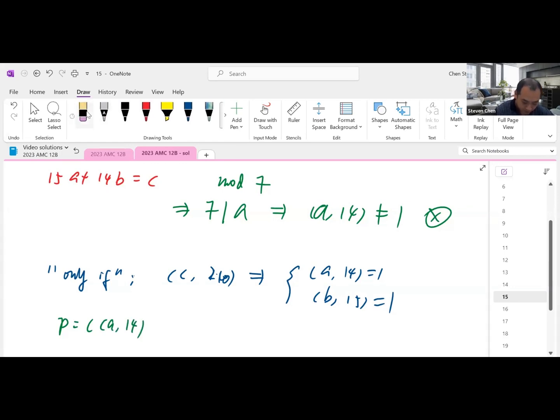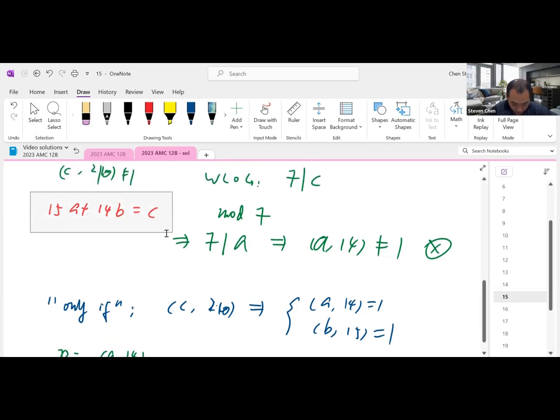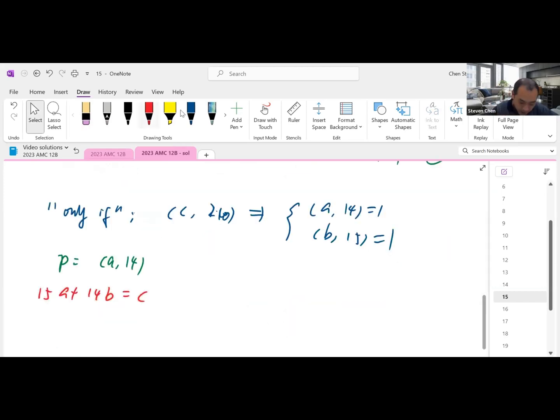Okay. And for this red equation, let me modulo both sides by P and see what we get. On the left-hand side, for the first term, because P is a GCD of A and 14, A must be divisible by P, so the first term is congruent to 0.